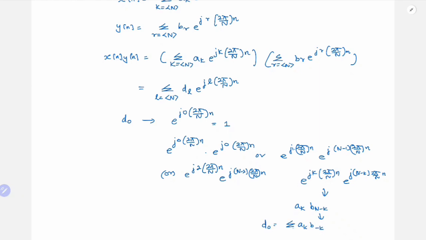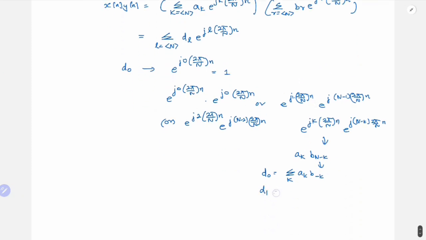I will get summation over k of this term. So if I want d1, what I should get? I should get summation over k of ak b(1 minus k), such that when I multiply these two coefficients, I should get 1, right? So I'll get something like this. So similarly for dL, what I'll get?